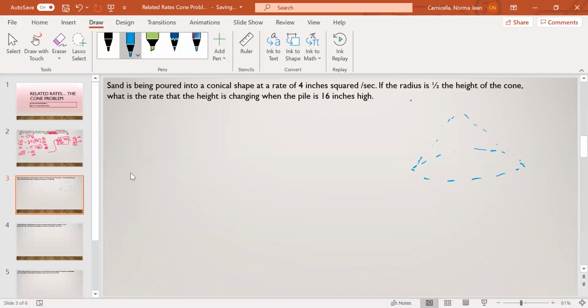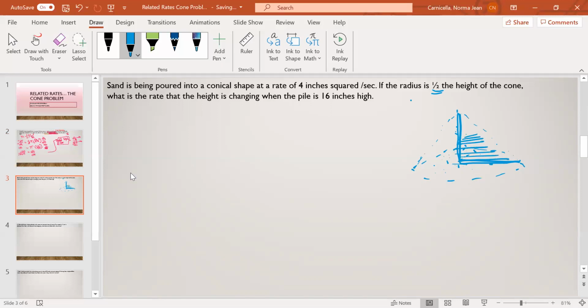Okay, because as it goes, it starts to trickle all around here. And then the sand gets skinnier and skinnier as it gets to the top. There's always a relationship between the radius and the height. In this case, they're telling us the relationship, but there is always some kind of relationship.